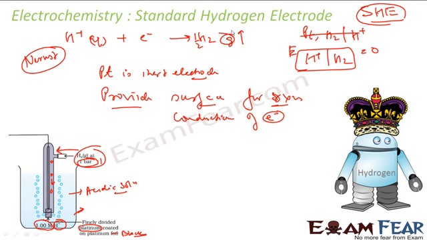So that is my standard hydrogen electrode here. I have hydrogen gas here, the platinum rod, and this is the acidic solution, H plus. So hydrogen gas becomes H plus.